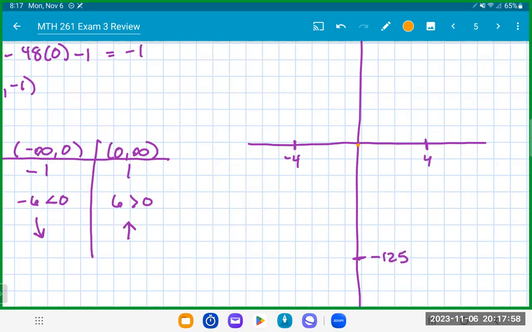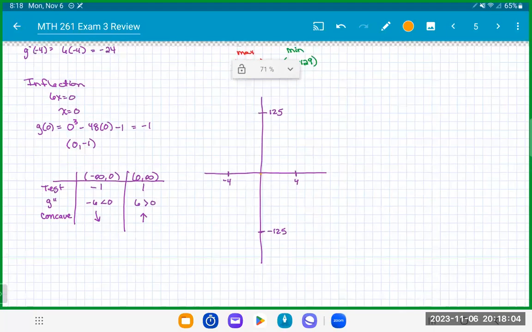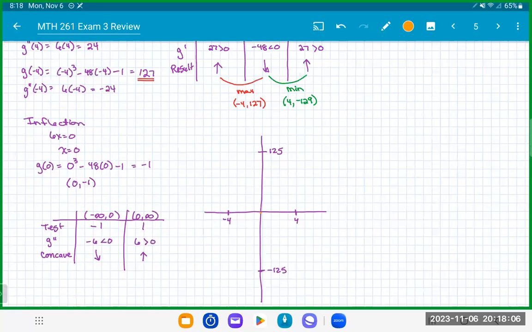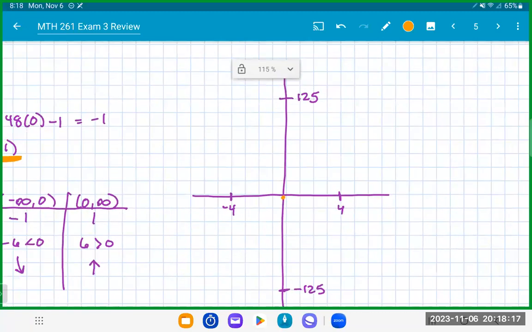That's why it's important that you label all of your things. Okay, so that's our inflection point. I'll just highlight that here so that if you come back and look at this video, you can see where that comes from. I'll write it here too, inflection.